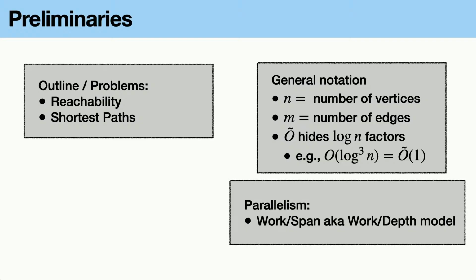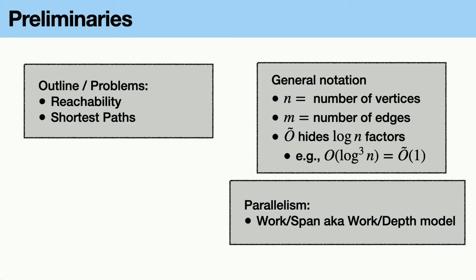For parallelism, I'm generally thinking in the work span model, also called the work depth model. We don't actually really have to think about what the computation model is, because I'm ignoring log factors. So you can convert from pretty much any model to any other model with logarithmic overheads. So don't worry about that.